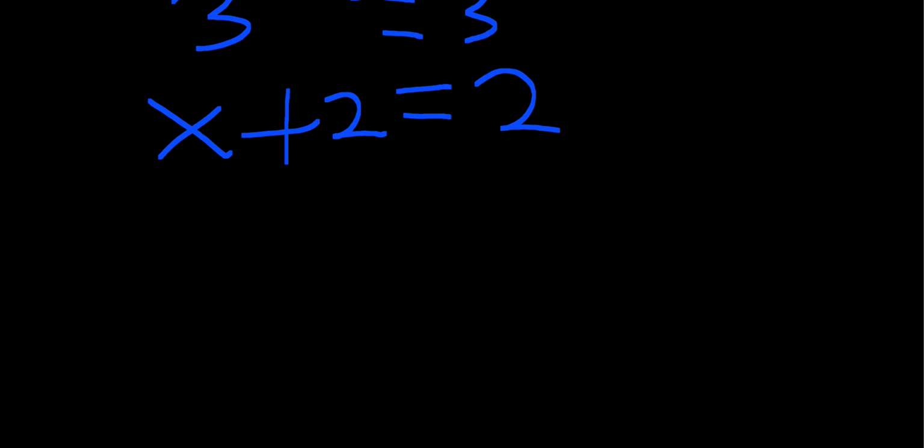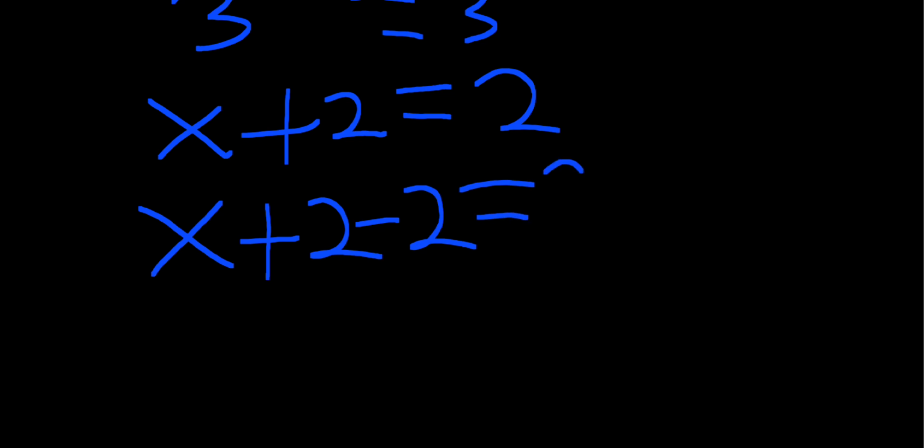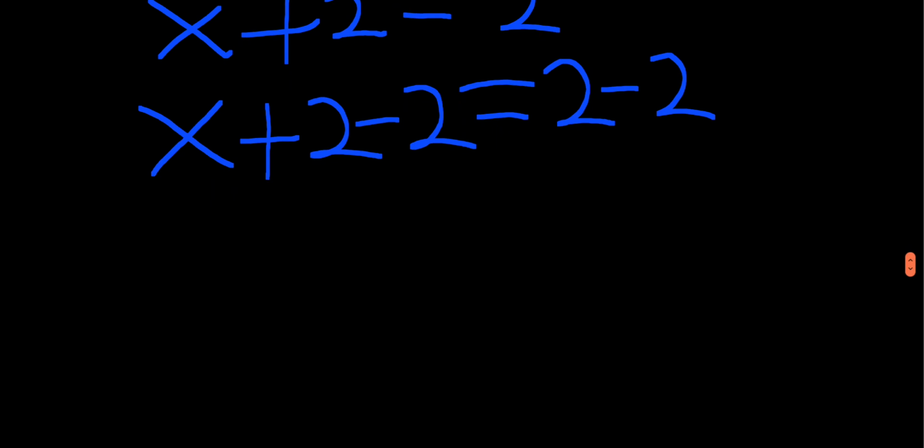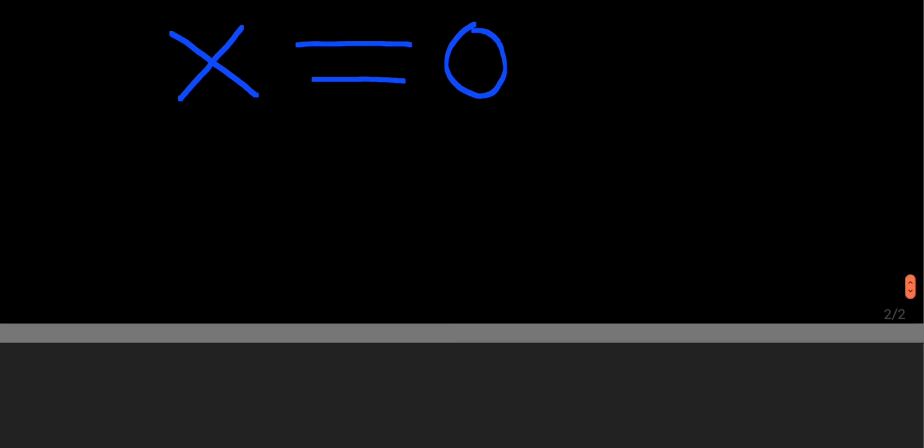Therefore, my equation will now become x plus 2 minus 2 is equal to 2 minus 2. 2 minus 2 is equal to 0. Therefore, my x is equal to 0. Let's check and see.